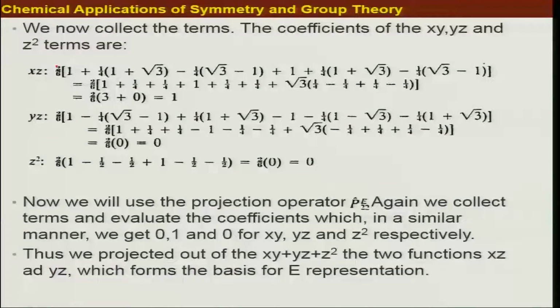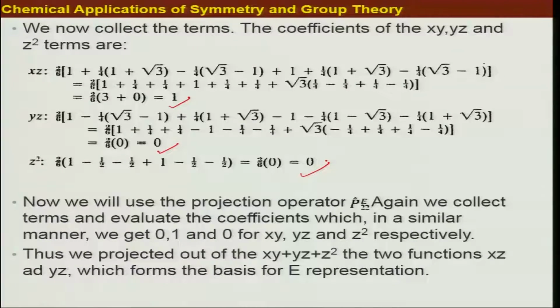When we collect all these terms and separate the coefficients, I get the coefficient of xz to be 1, while the coefficient of yz is 0 and that of z square is 0.